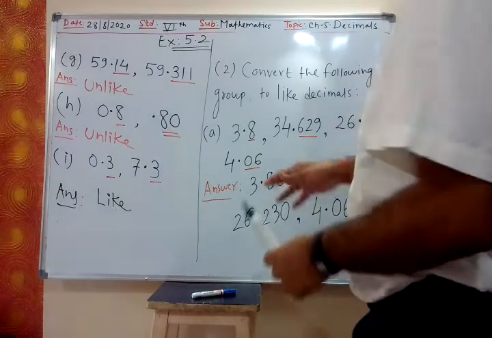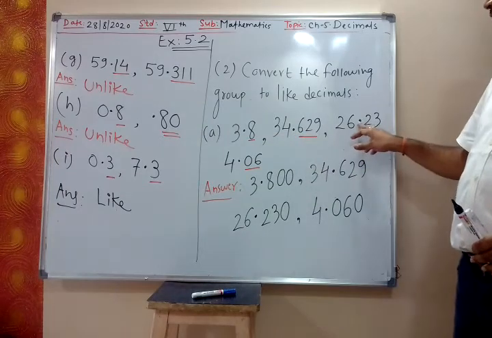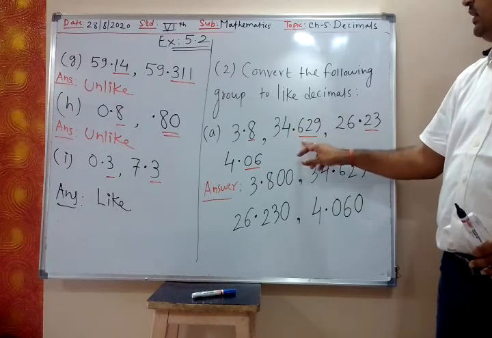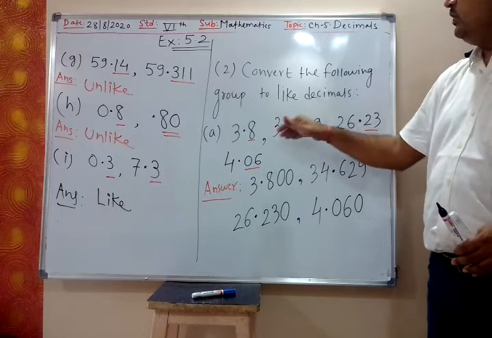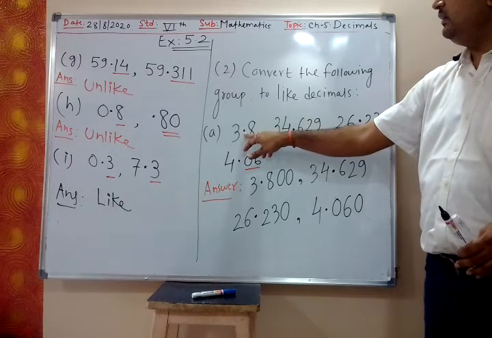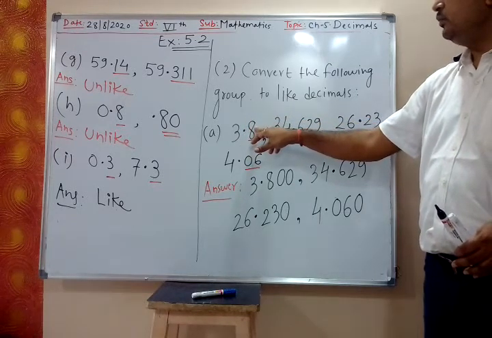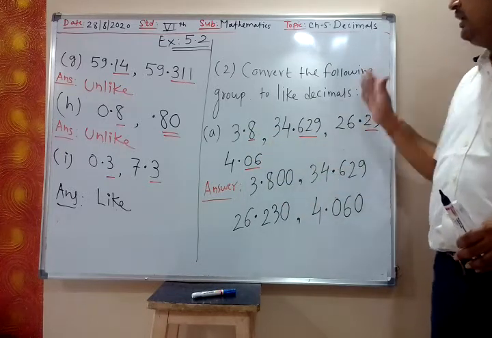Now to convert the given into like decimals, 3.8. After the point there is 1 digit. After the point there are 3 digits, then 2 digits, then 2 digits. So the maximum number of digits is 3. So I will make each number 3 digits after the decimal. So 8 is there, to make this 3 digits I will add 2 zeros to the right of the decimal.